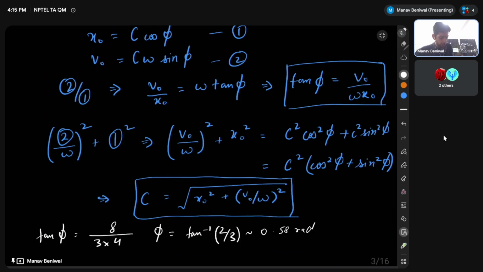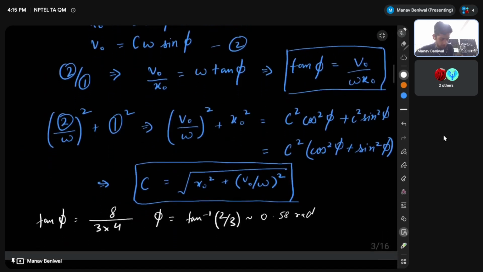And for the value of c, we get the square root of 3 squared plus 8 over 4 squared.